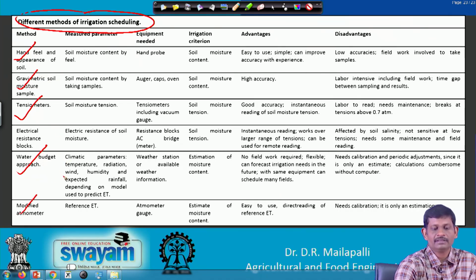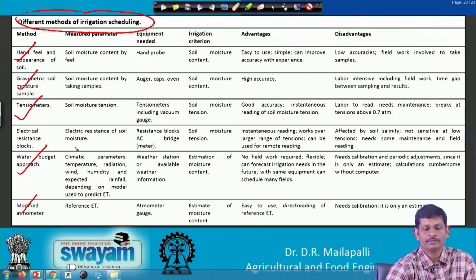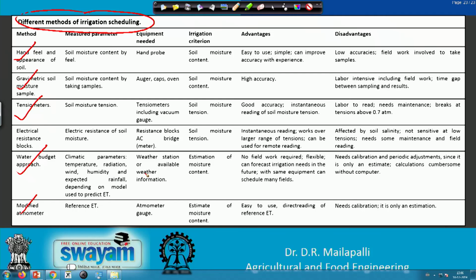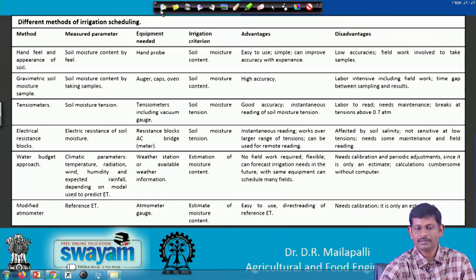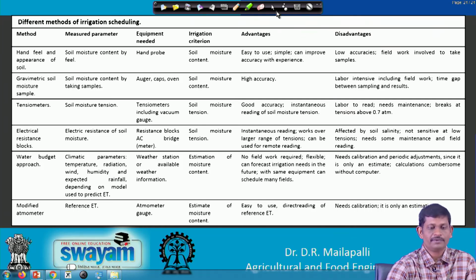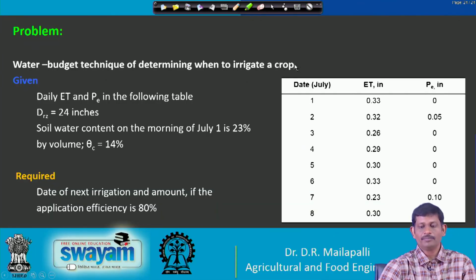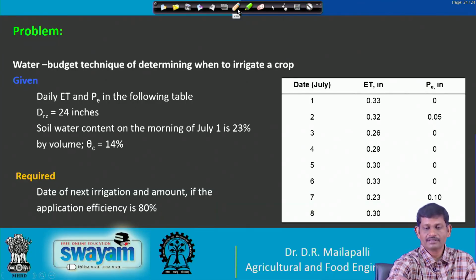All these methods can be used to schedule an irrigation, and the advantages and disadvantages are given. This is the best table to get an overall view of the different irrigation scheduling methods. Let us go to a problem on irrigation scheduling.